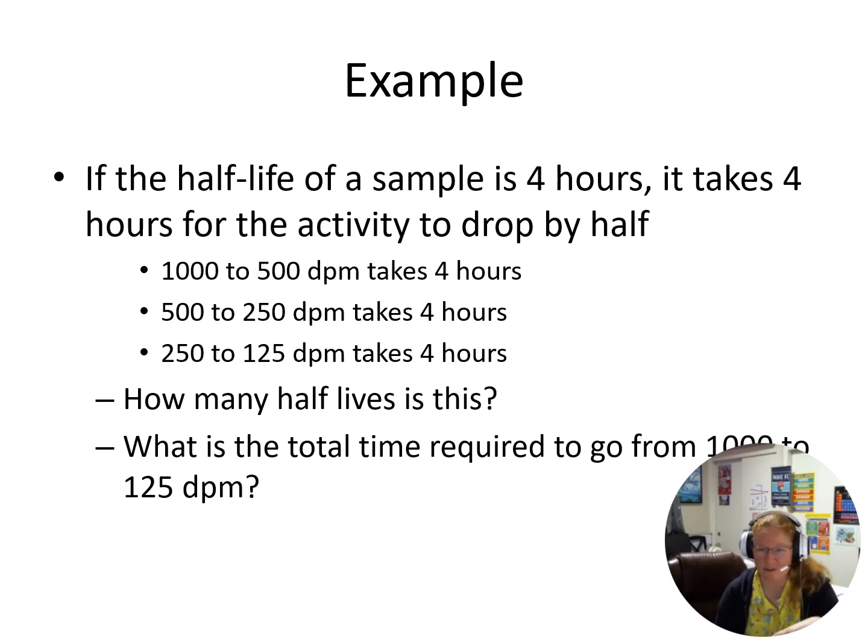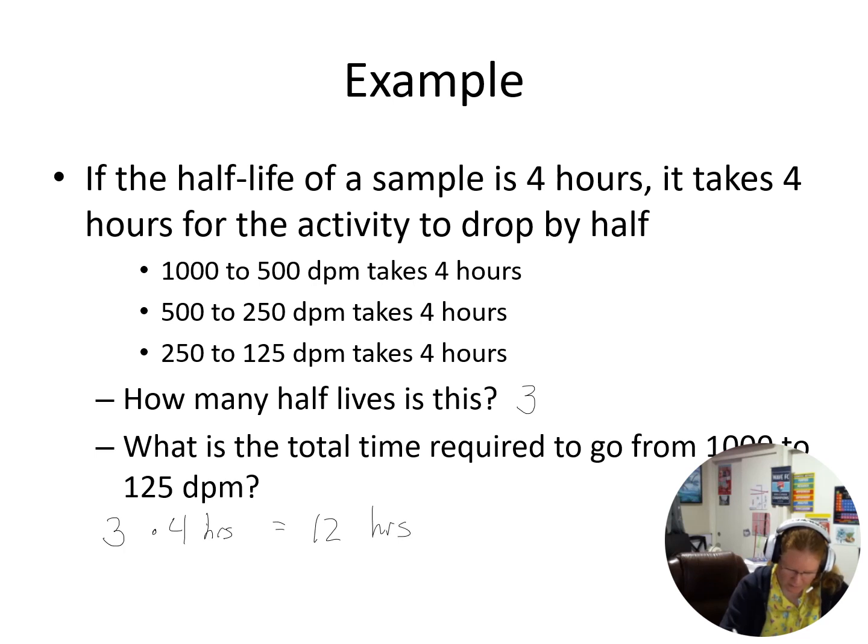And 250 to 125 takes another 4 hours. So we've divided in half 3 times. How many half-lives is this? 3. So what's our total time to go from 1,000 DPM to 125 DPM? Well, 3 half-lives times 4 hours each gives me 12 hours. So it takes a total of 12 hours to decrease that sample down to 125.